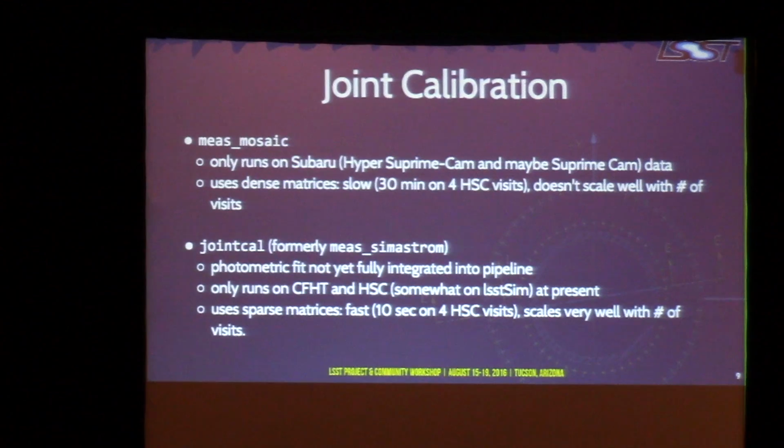Joint cal is what we'd like to move to in the future. This was written mostly by Pierre Astier. It doesn't quite have the photometric fit implemented, and it only runs on CFHT and HSC data right now. But it uses sparse matrices, so it's much faster. So this is a factor of more than 60 faster, a factor of 60 times 3, 180.